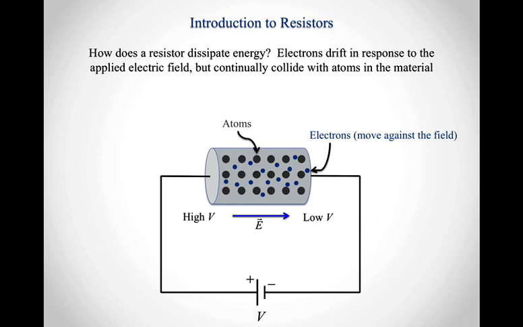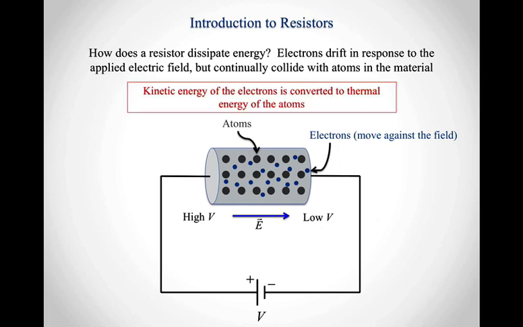Well, the electrons are going to drift in response to an applied electric field that's set up to drive the current. But effectively, those electrons don't move very far before they end up colliding with atoms. As they try to accelerate within the field, they basically bang into things. What your resistor is doing then is converting the kinetic energy of the electrons into the thermal energy of the atoms.